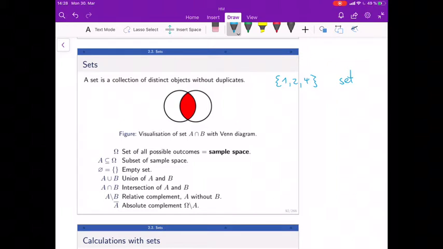Again, there's the symbol omega, means all possible outcomes or all elements. There's a strange symbol here. That means subset. So A could be the same as omega. That's the equal part at the bottom.